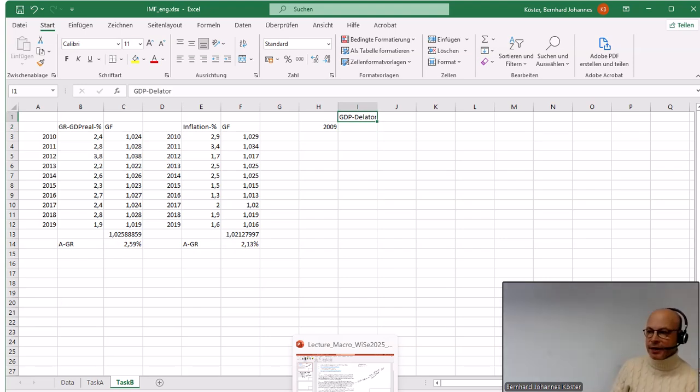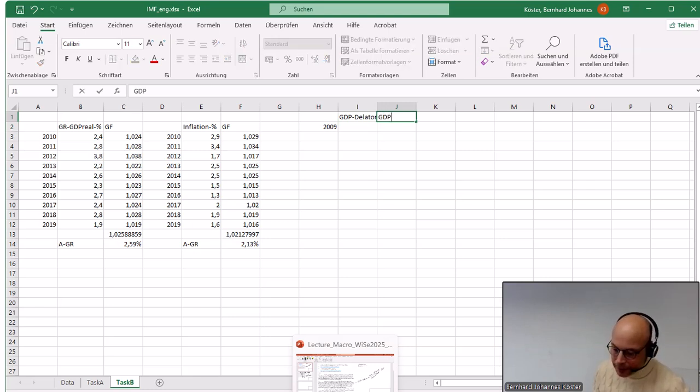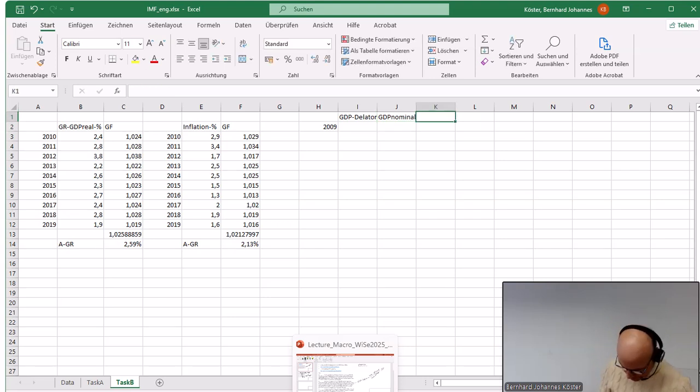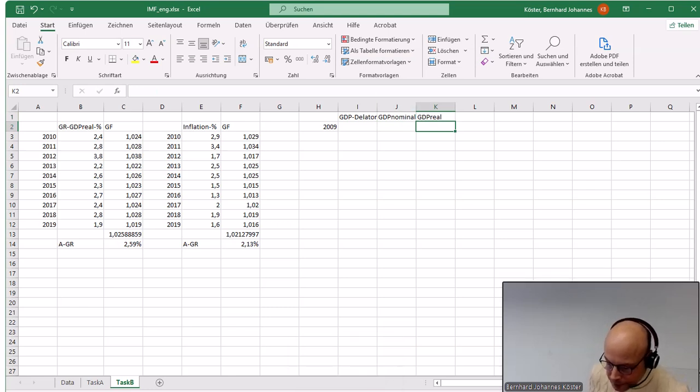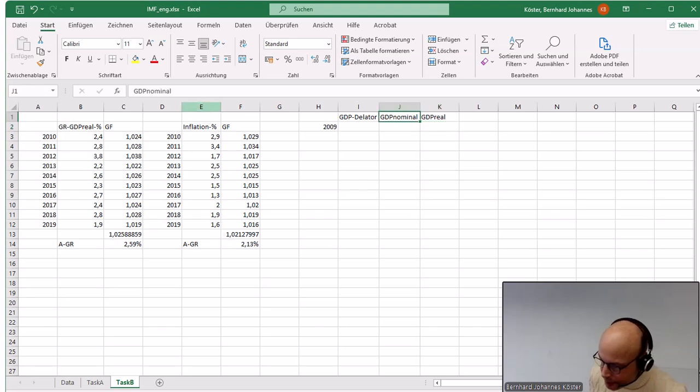For the GDP deflator, I have to have the real GDP and the nominal GDP. And we need the indices, index and the index.